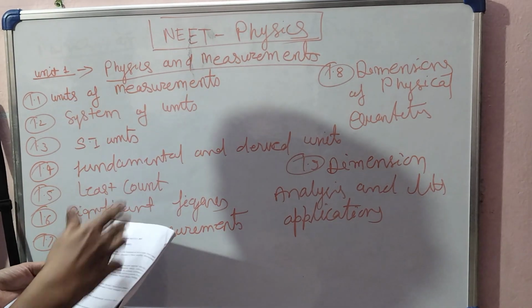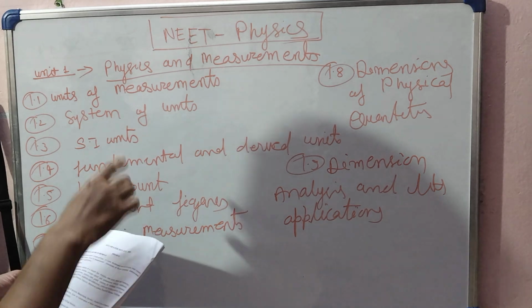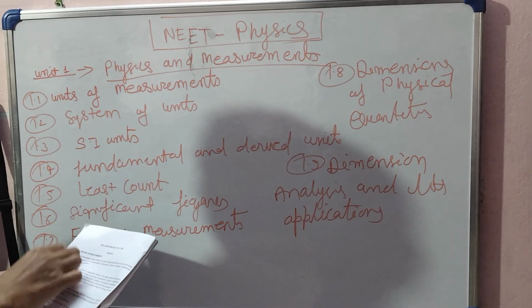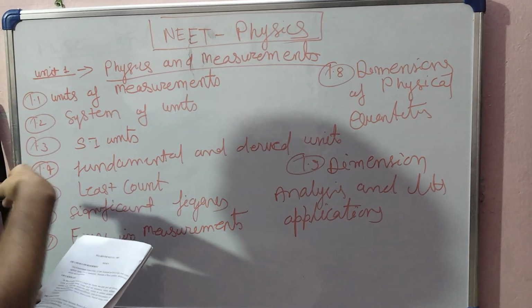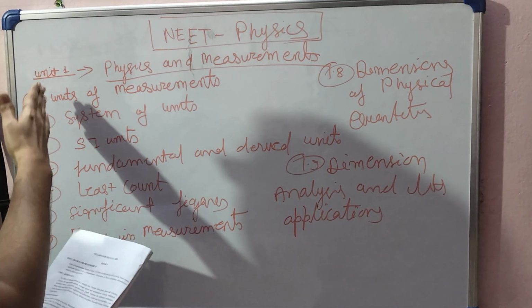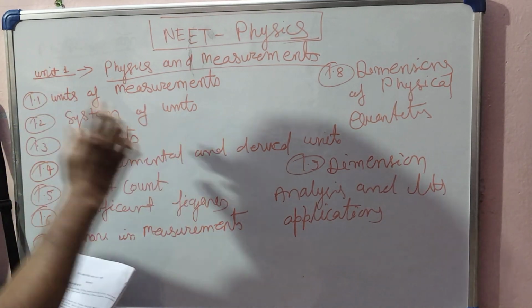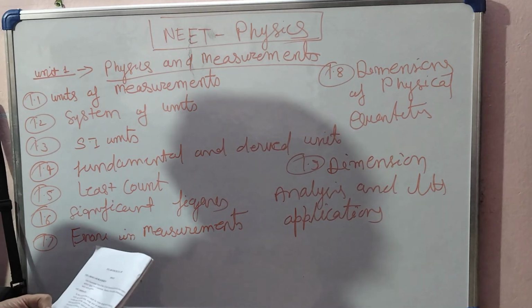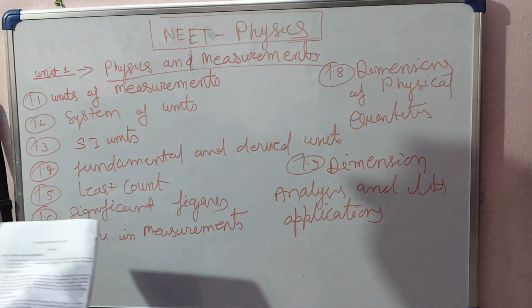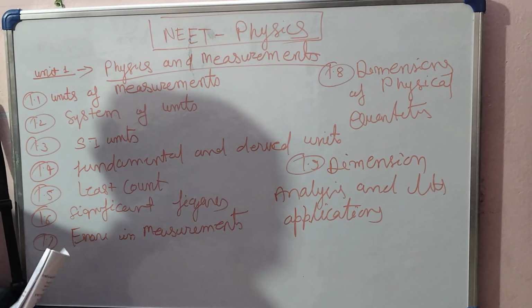I have just written unit number 1, physics and measurement, 1.1 to 1.9. So unit number 1 is divided into nine modules, or sub-units.